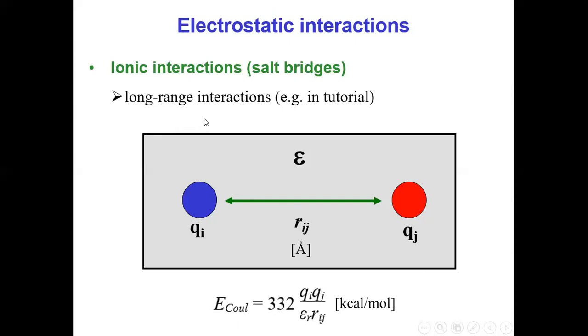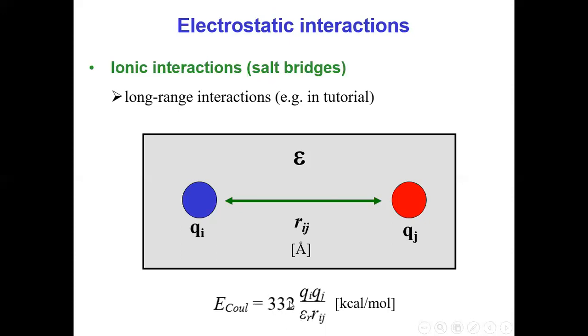Last thing to mention is that the ionic interaction is considered to be long range, and maybe right now it doesn't make a lot of sense, but when we talk about interaction between dipoles, we'll see that they are much shorter range.